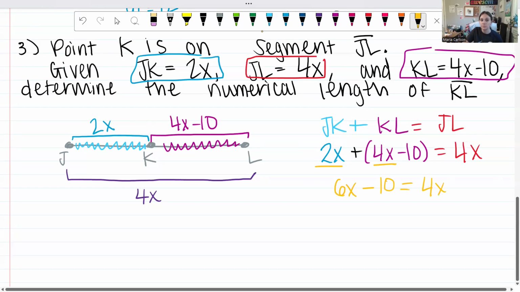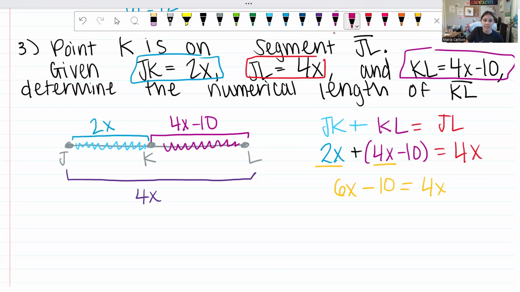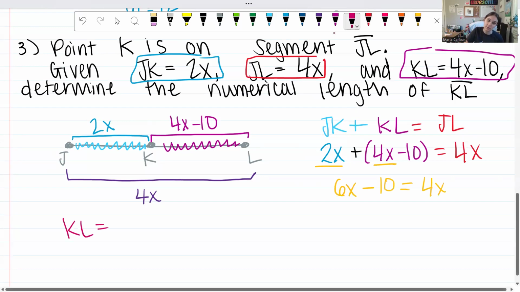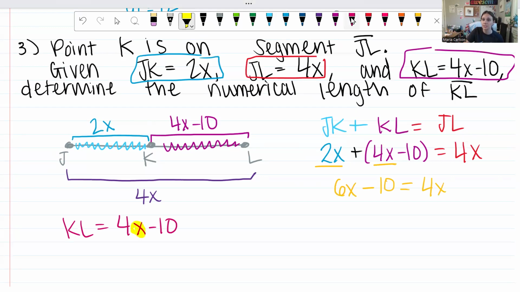To solve for x, because this problem is asking for the length of KL, and right now, all I know is that KL is equal to 4x minus 10. So I need to know what is x. So I'm going to solve for x by getting x to one side of my equation.